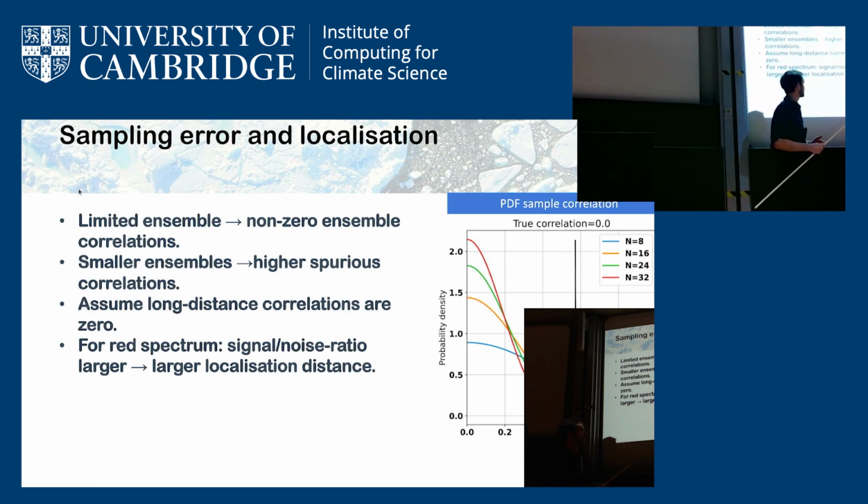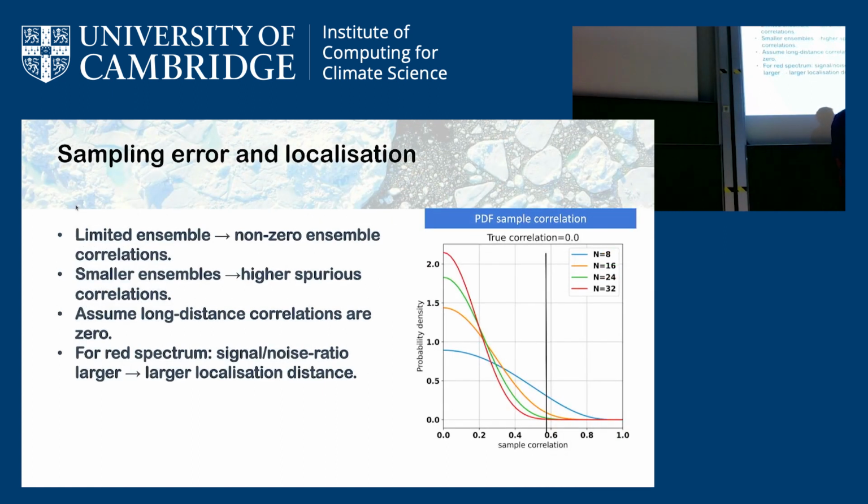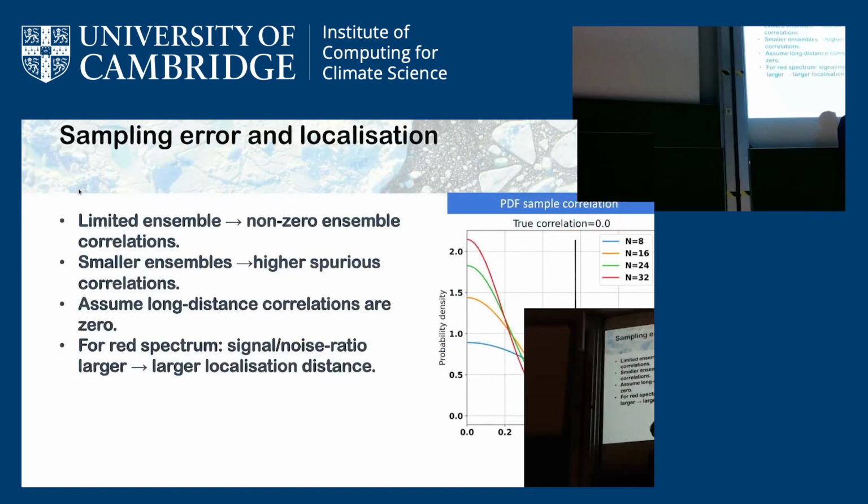And there's a problem with that, because as this graph shows, if you've got a true correlation that is 0, and you make an estimate from an ensemble and look at the probability of getting a certain value, you see that even if the true correlation is 0, you might have a non-zero probability that you get a non-zero sample correlation.